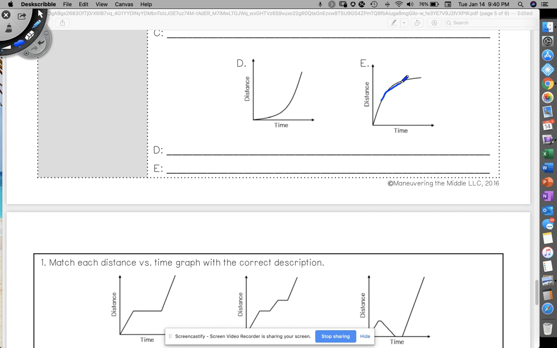The speed is starting to level off, and that leveling off means that it must be slowing down. So for E, we're going to say an object moving away and decreasing speed.